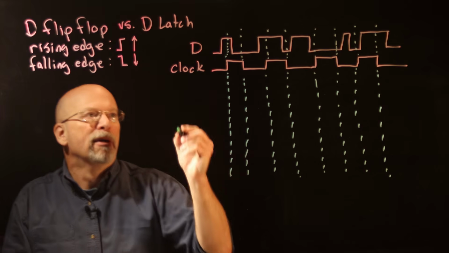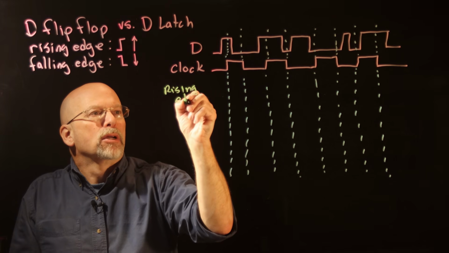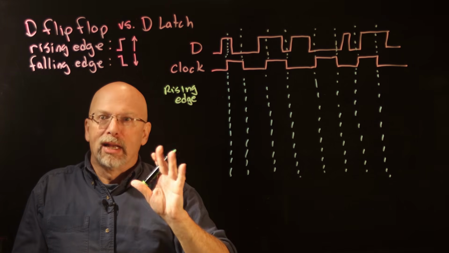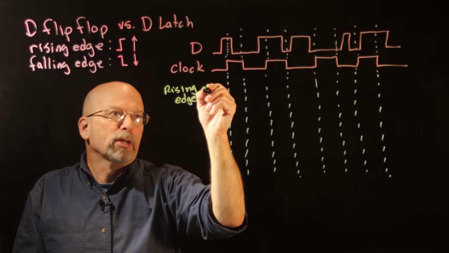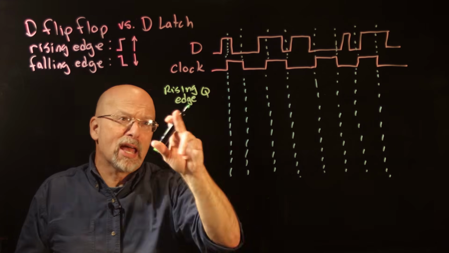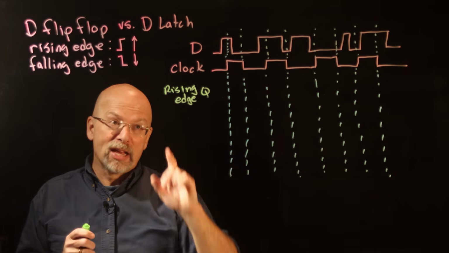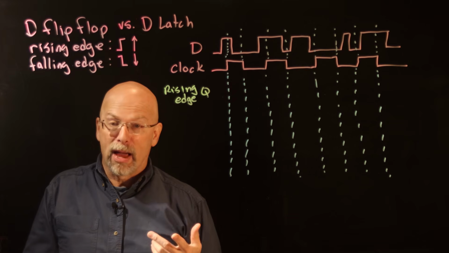So let's start with the rising edge triggered latch or flip-flop, and what we're looking at is Q. So this is what Q looks like. This is how Q is going to behave for a rising edge latch. Now, remember the definition from the previous lesson of what a rising edge flip-flop did.